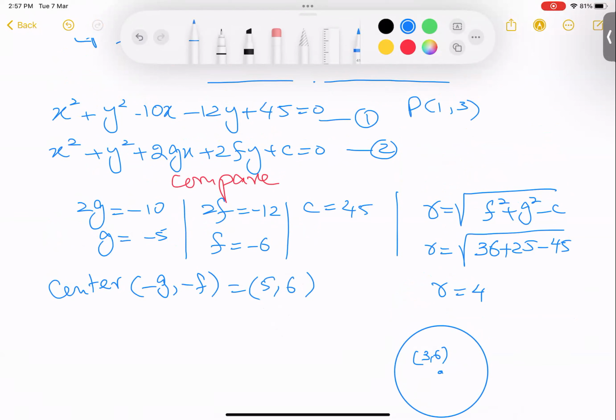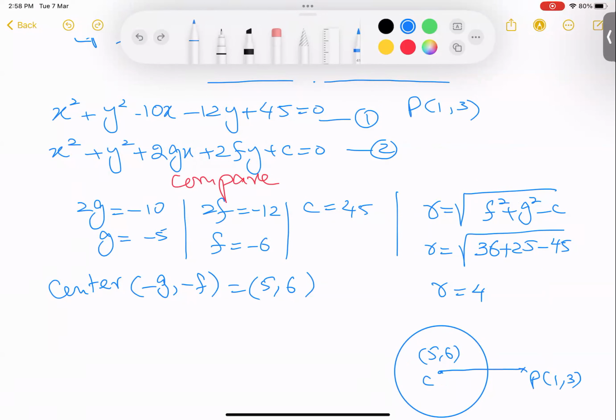Now have a look here. First of all, the point P is away from the circle. Just imagine P is here. First find the distance CP, where C is the center and P is the point mentioned.